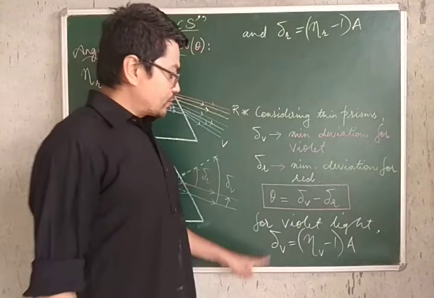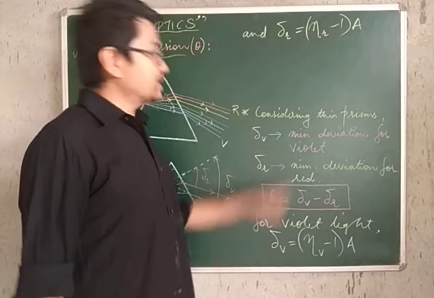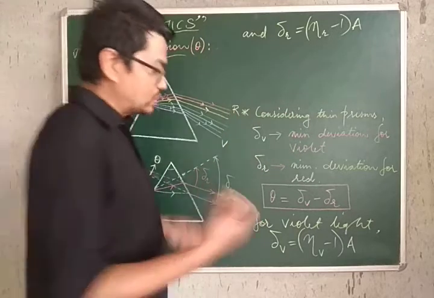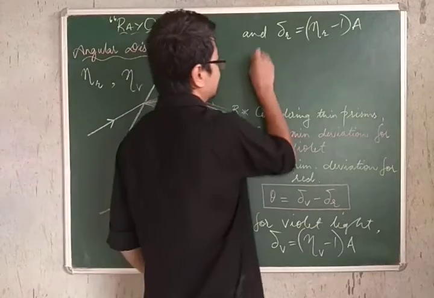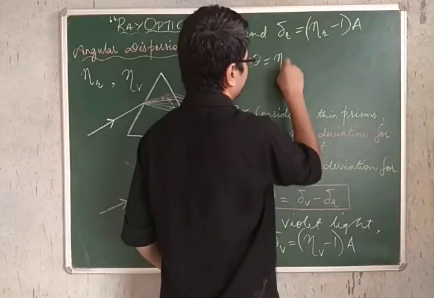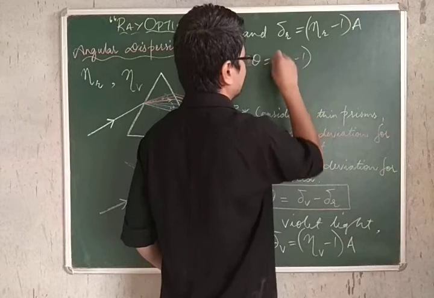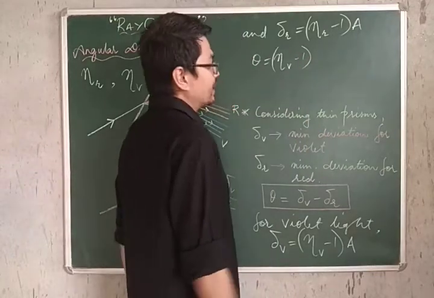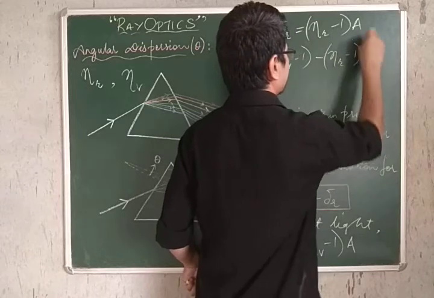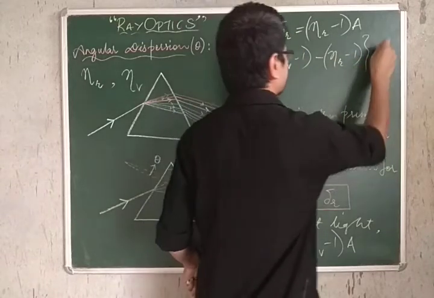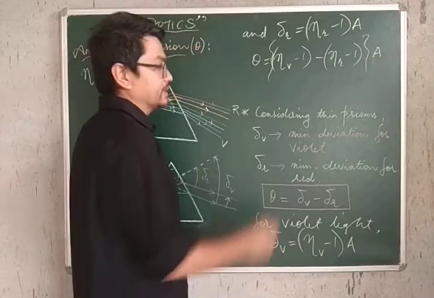Okay, so from this relation and this relation, substituting the value of delta V and delta R here, we get theta is equal to (eta V minus 1) minus (eta R minus 1) inside the bracket, and of course what I've done is I've taken A common outside.